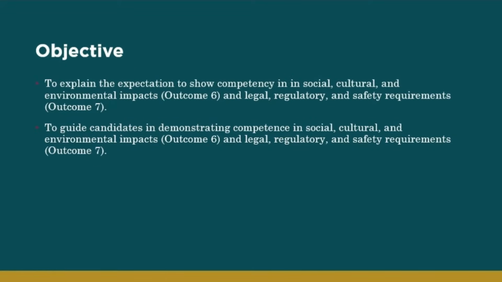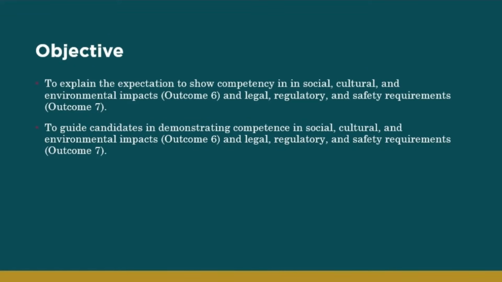The objective of this presentation is to explain the expectation to show competency in social, cultural, and environmental impact, which is outcome 6, and legal, regulatory, and safety requirements, which is outcome 7.